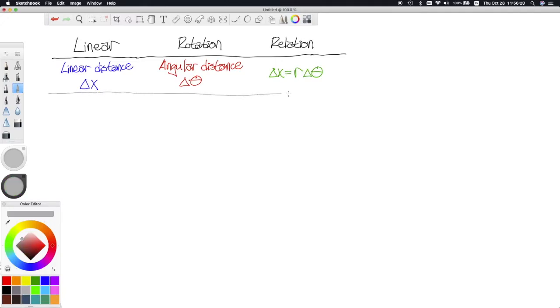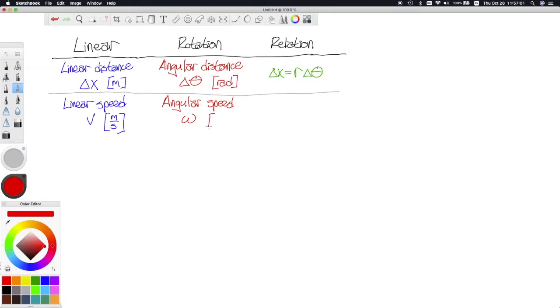And then we had the velocity or the speed. The linear speed was v, and our corresponding angular speed we called omega. Suppose I could put some units on these. Linear distance is in meters, linear speed is in meters per second, and angular distance is in radians, and angular speed is in radians per second.